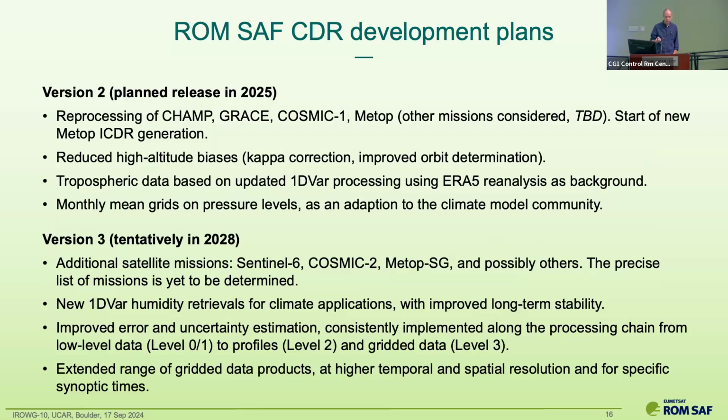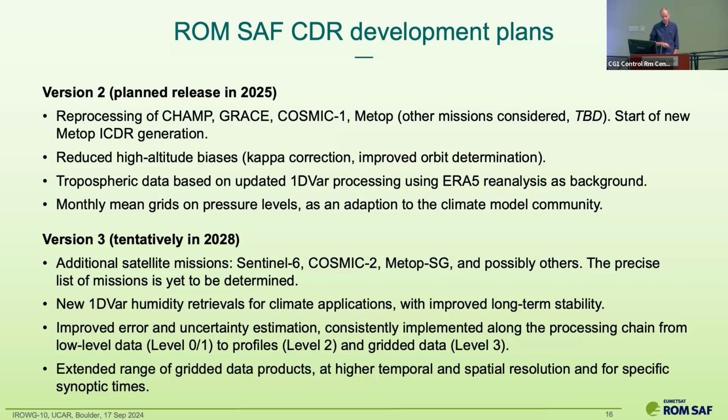So the data record currently existing is version 1. We have version 2, which we will start reprocessing this year, to be released in 2025 according to plans. CHAMP, GRACE, COSMIC, and METOP are included in the plans. Other missions may be considered, but no promises there. And we will start the generation of the new METOP interim climate data record.